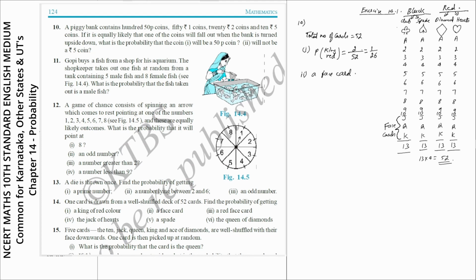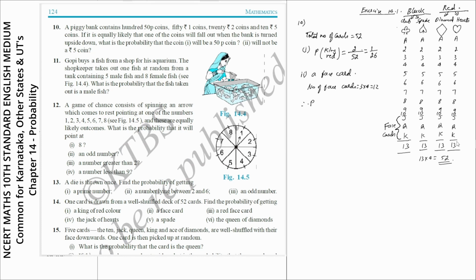Second sub question, a face card. So the face cards are jack, queen and king. Okay, these are the face cards, jack, queen and king. So in club there are 3 cards, and in spade there are 3 cards, and similarly in diamond and hearts also there are 3 cards. Therefore number of face cards is equal to 3 into 4 is equal to 12.